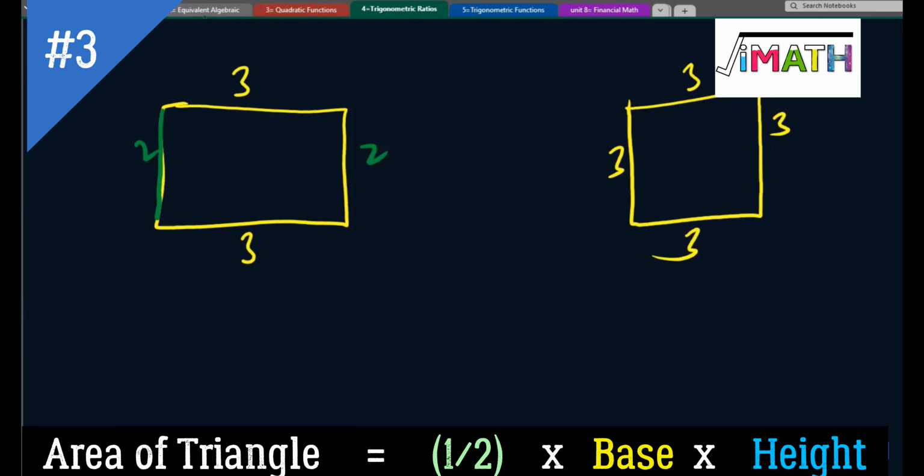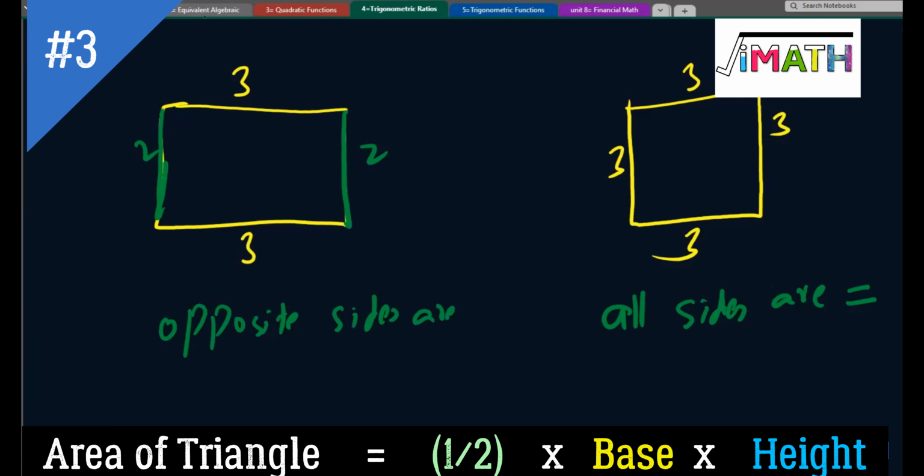All sides in a square are the same. Perfect. So I'm going to write: square, all sides are equal. And in the rectangle, I just want to mention one thing.